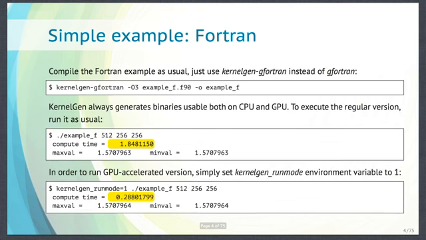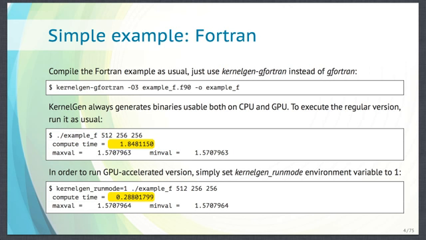If you had this program on Linux, you would probably compile it with gfortran, the most accessible free compiler. In the case of KernelGen, you can use the same options because we are fully compatible with GCC, but just change the name of the compiler. Instead of gfortran, just use KernelGen gfortran.